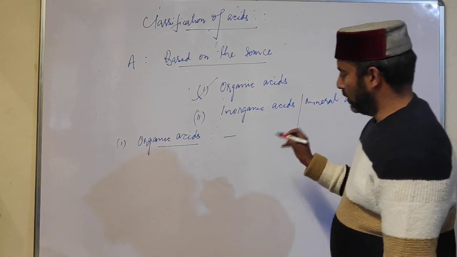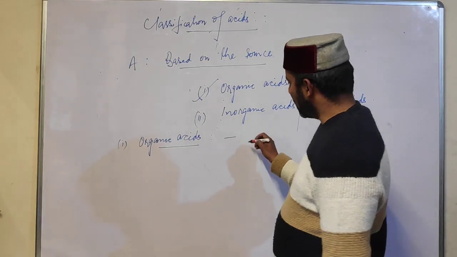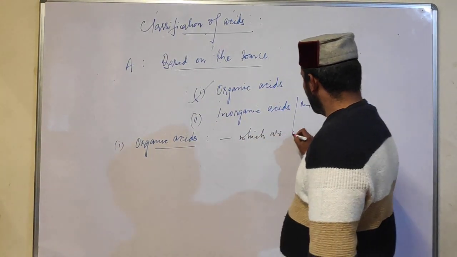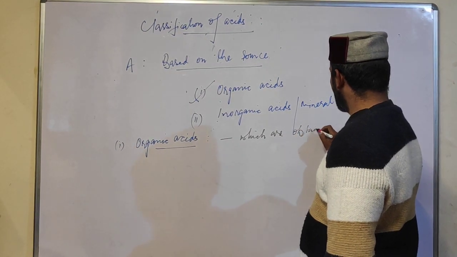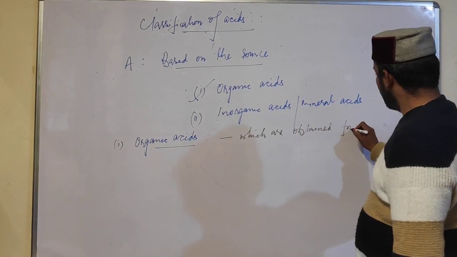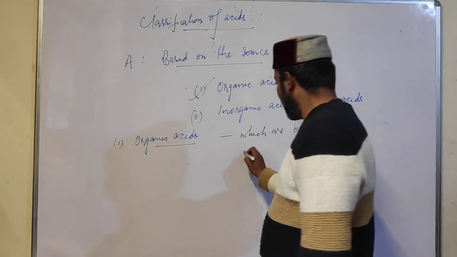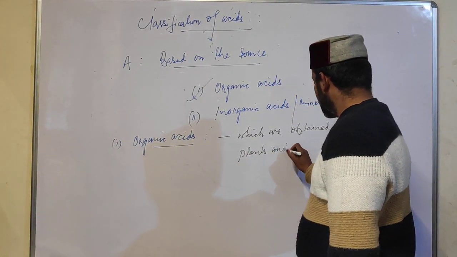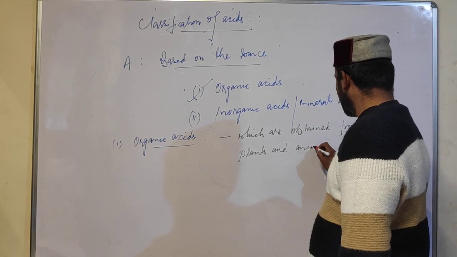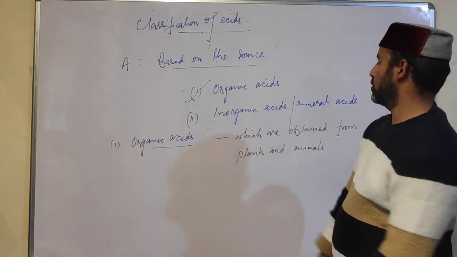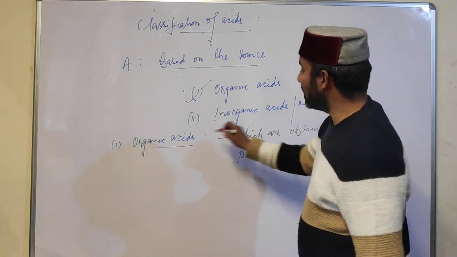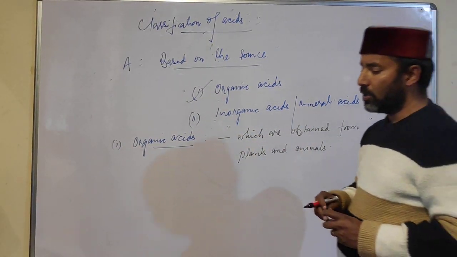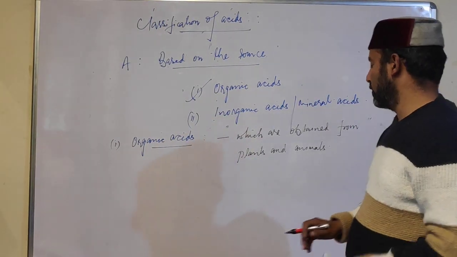So students, organic acids are compounds which are obtained from plants and animals. So any acidic compound which is obtained from a plant or animal is called organic acid.